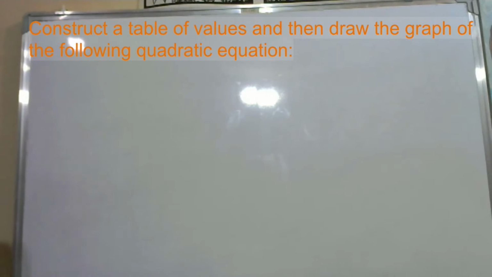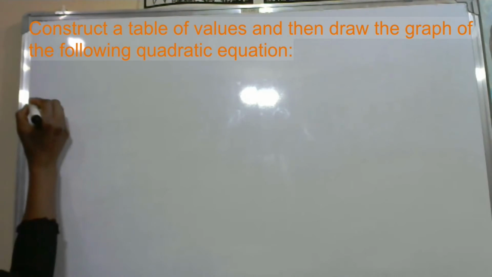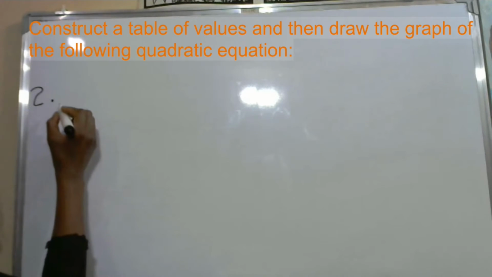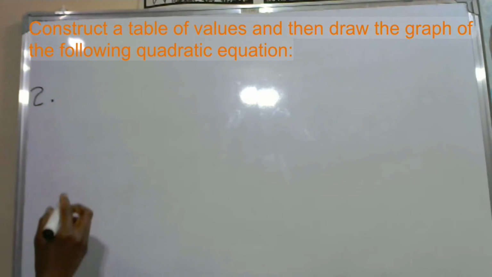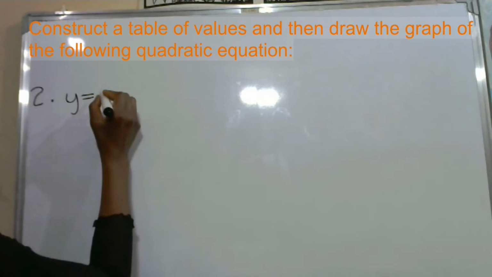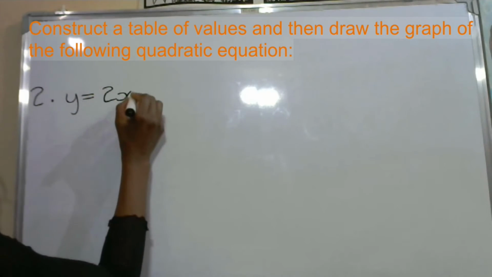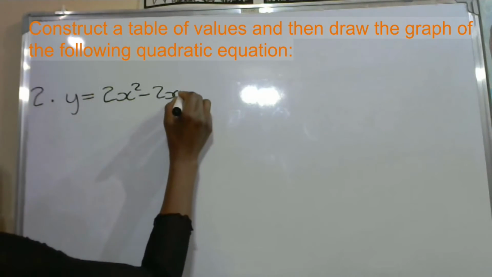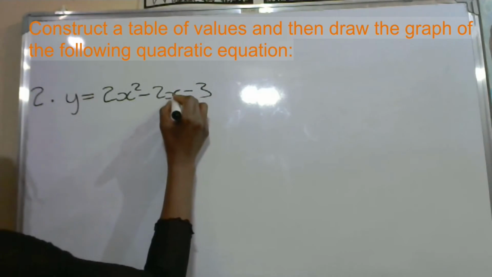Okay, let's look at our second example. The second example says we are given our equation y is equal to 2x squared minus 2x minus 3.